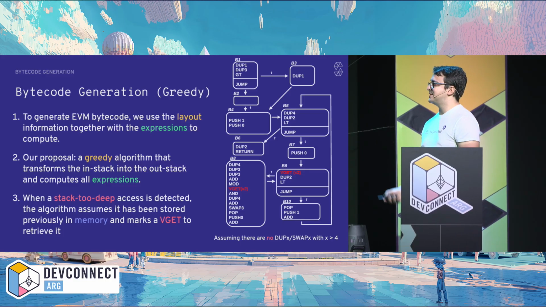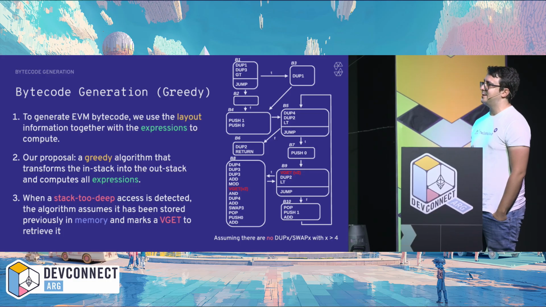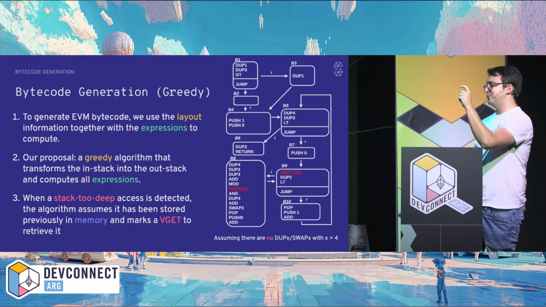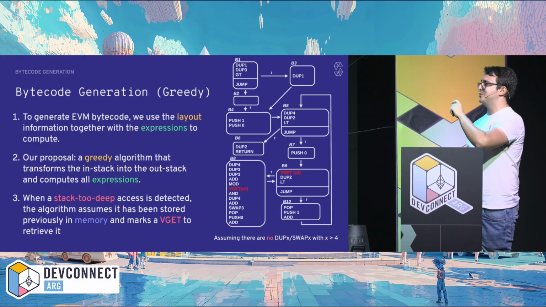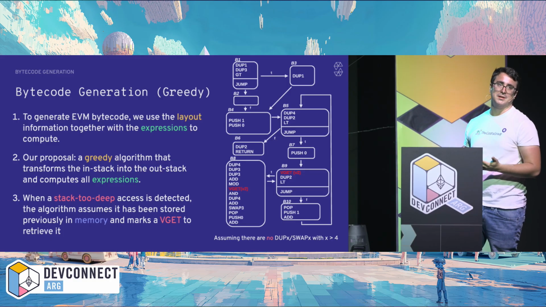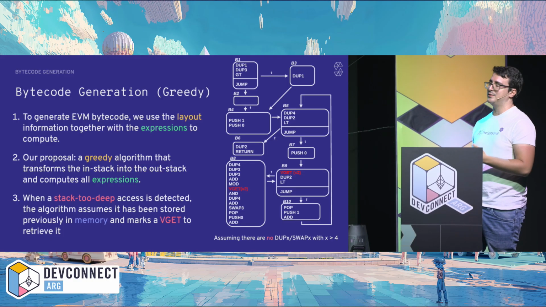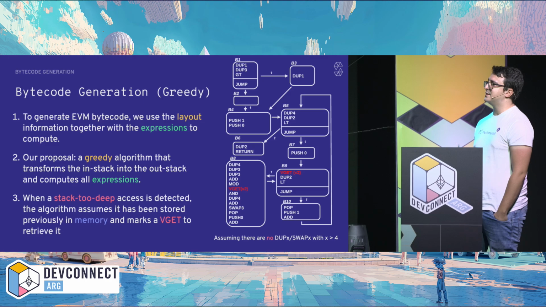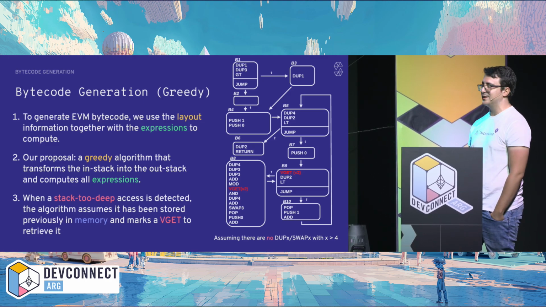So in this case, we propose a greedy algorithm that is, again, top-down. But not only do we have to fix the layouts in between, we also choose in which order we want to perform the computations, because this is beneficial in the way that we can build the code. When we encounter a situation in which an element is too deep to be accessed, what we do is introduce an annotation, which is called the virtual get.